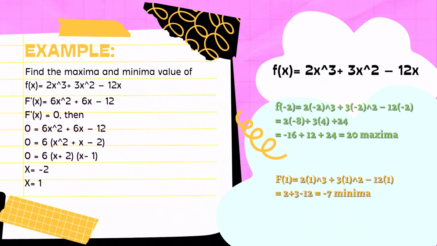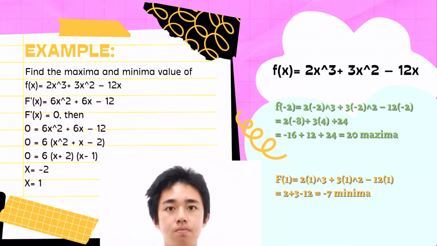Alright, for the examples of maxima and minima for the first derivative, the question is: find the maxima and minima values of f(x) = 2x cubed plus 3x squared minus 12x.